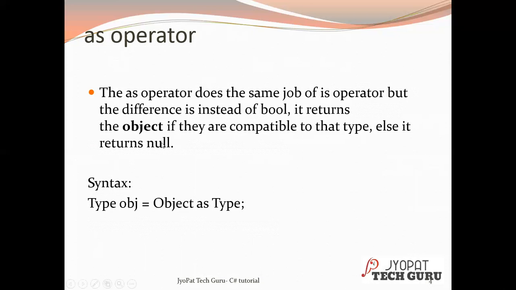Otherwise, it returns null. The syntax is: type object equal to object as type. We already know that object itself is a class, and everything is derived from object. So I can create an object of the object class and utilize it within my program in different ways.